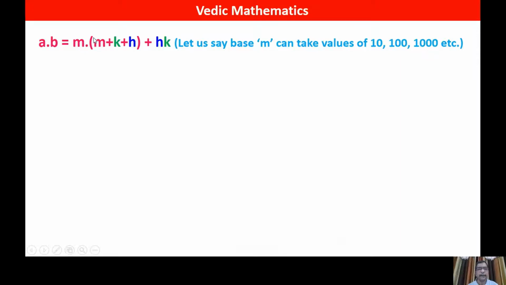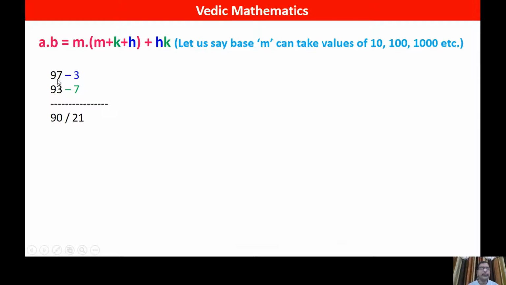And this is the expression which has to be taken care of, where M plus K plus H is to be calculated. Again, this is just addition plus multiplication of small numbers H and K. Why small numbers? Because we are going to choose a base of 10, 100, 1000, which is very close to the numbers to be multiplied. Okay, so now let us see the first example of this.